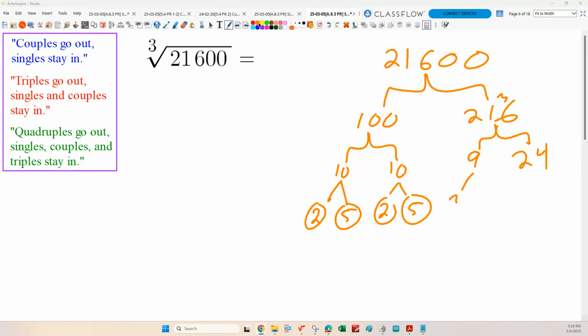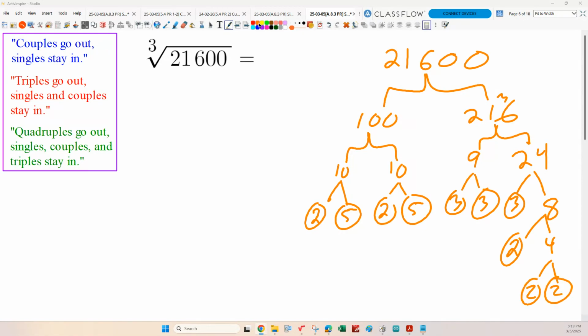So I get another 3 and 3. And how about 24? 8 and 3. And 8 breaks up into 2 and 4, right? Okay, so that's going to give me a 2 and a 4, which breaks up into yet another 2 and 2. So wow, I got lots of stuff there.